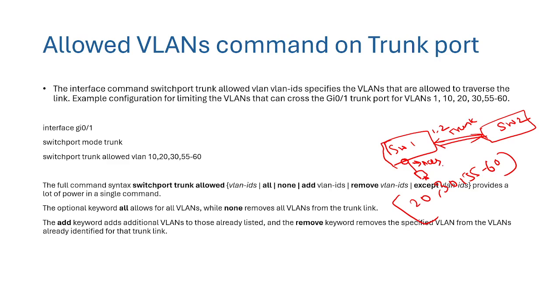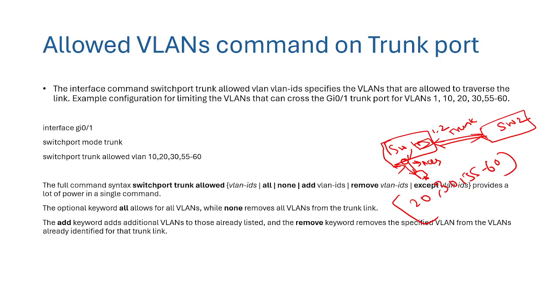But an access port does not. When the switch sends traffic, it will take out the VLAN information and send only the traffic. In the case of a trunk, it will add the VLAN information. It will not remove the VLAN ID when sending traffic on a trunk, unless it is a native VLAN.